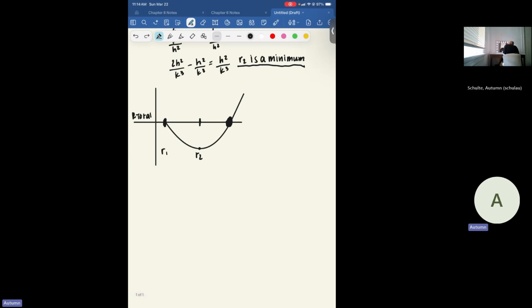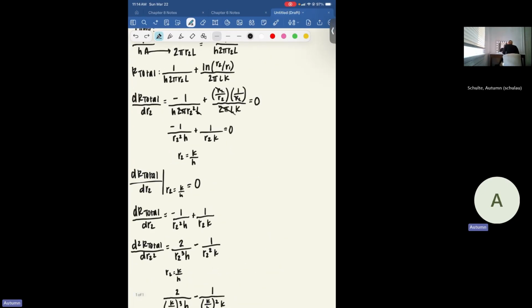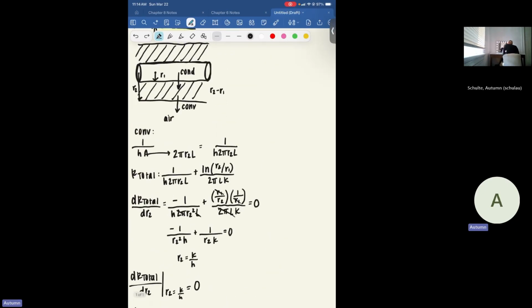Well, what we're going to do is we're going to take our original equation for R total, which is this guy right here. We're going to take that and we're going to drag that down.